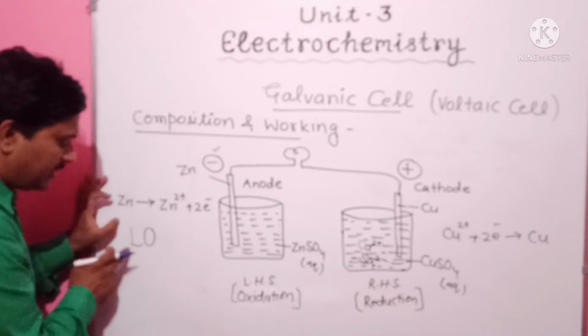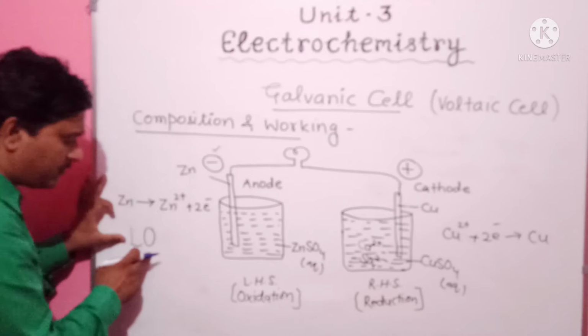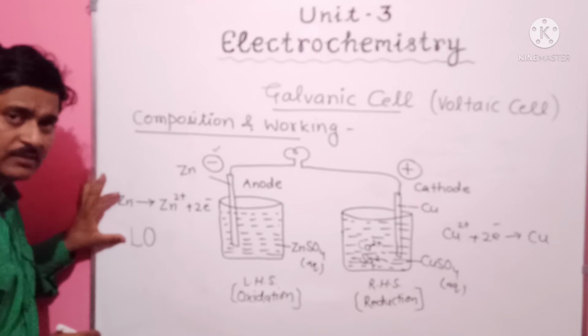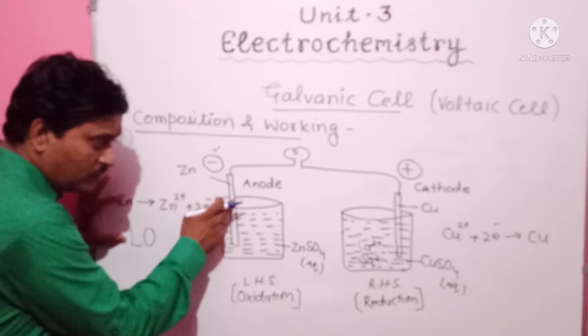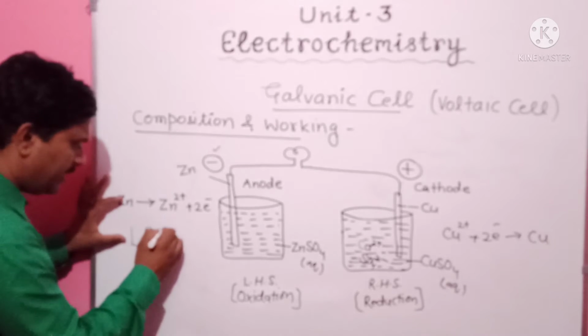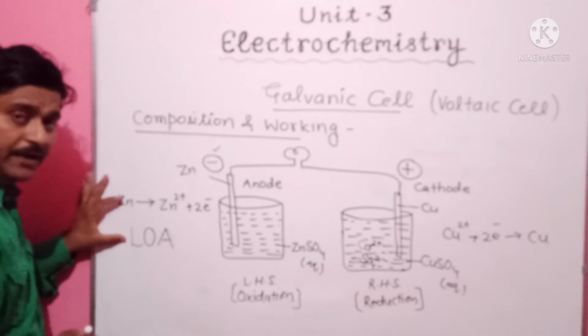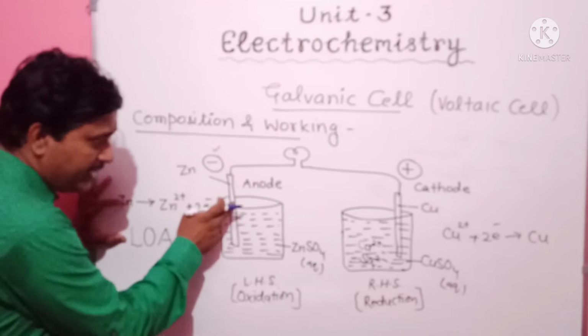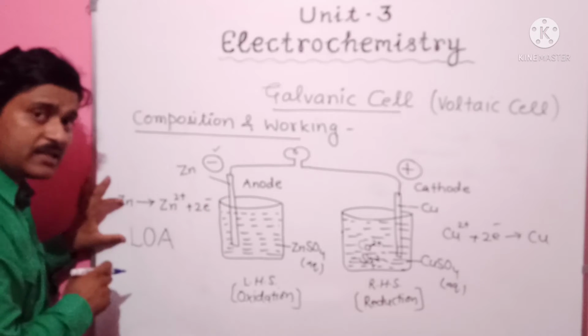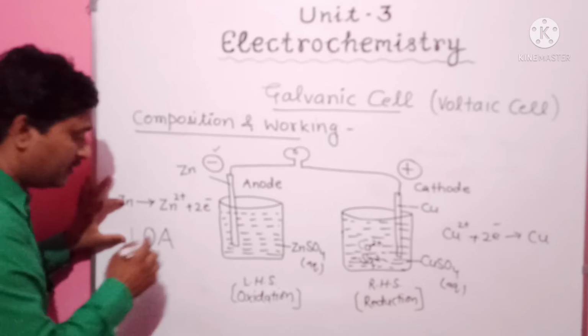L taken from the left hand side and O taken from the oxidation, and it is known as the anode, taken as A, and it has negative charge, negative N.